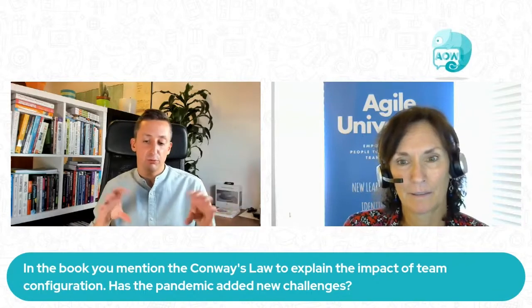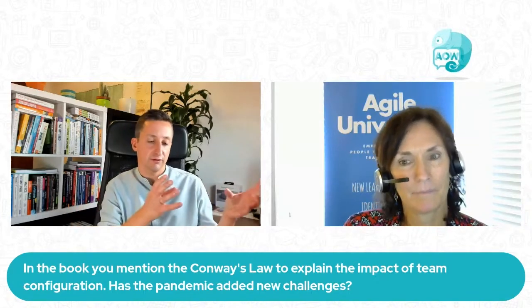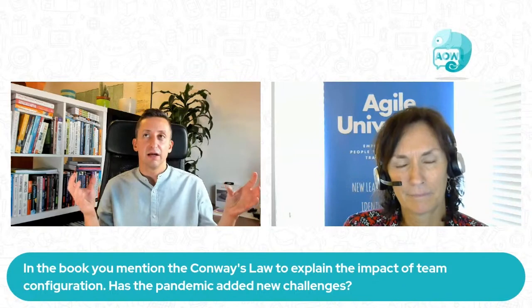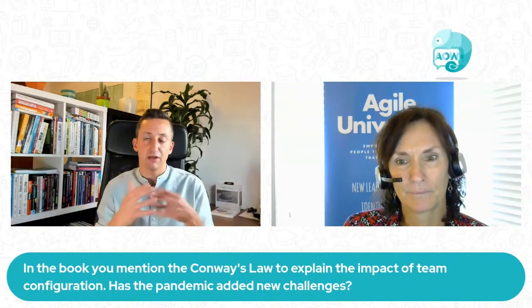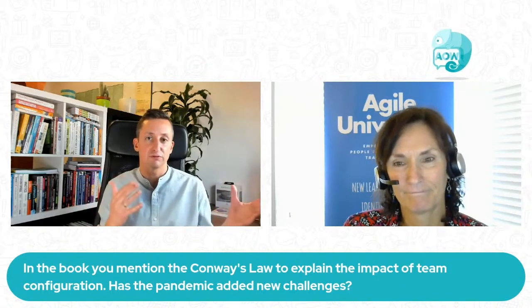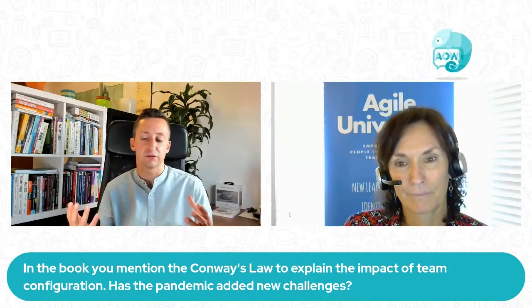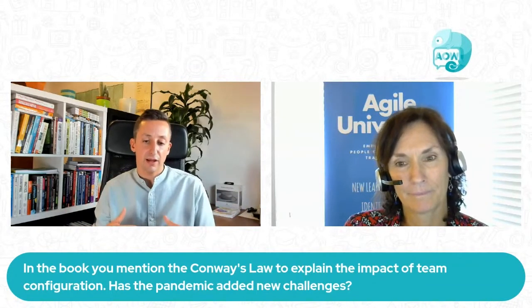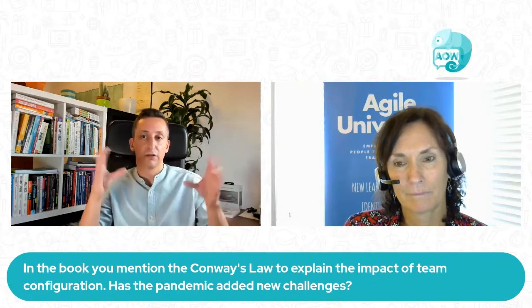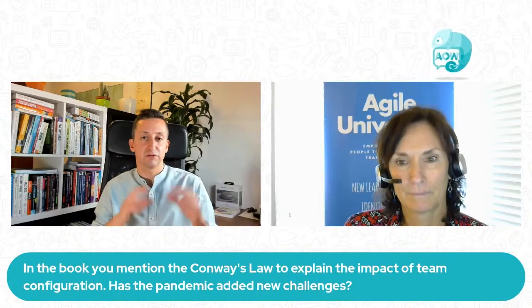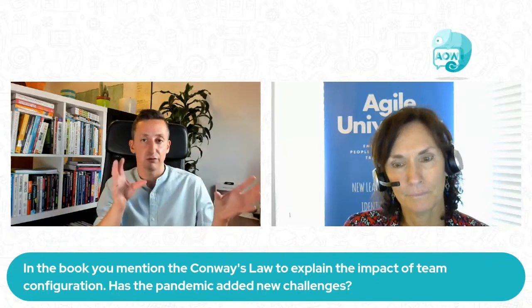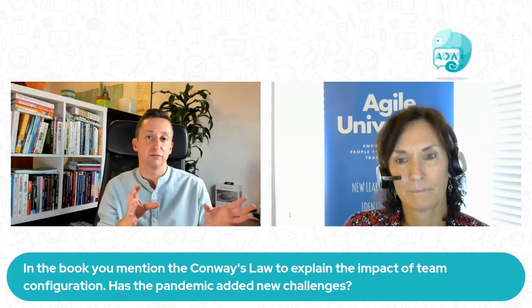We need people who are designing systems to also look at the teams and understand there's a bidirectional relationship between how teams are organized and communicate and the technical systems that we produce. So whoever has the responsibility of looking at the high-level architecture of systems needs to also be involved with the high-level organization of teams.